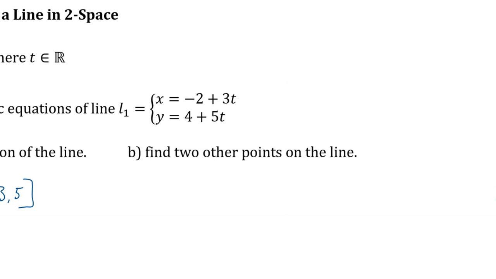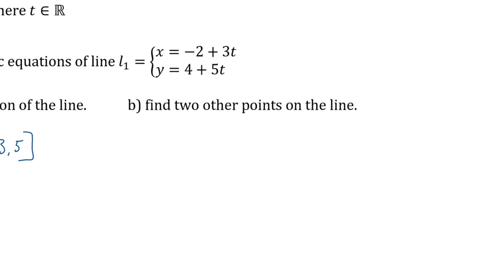Find two other points on the line. So I'm just going to pick values for t, not random, but I'm going to make them make sense, and sub in and solve to find the result, okay? So let's say t is -1. And for this one, I'm going to use vector form. There's no reason why I'm using one form or the other. I'm going to use both forms to get used to all the different forms that we can do.